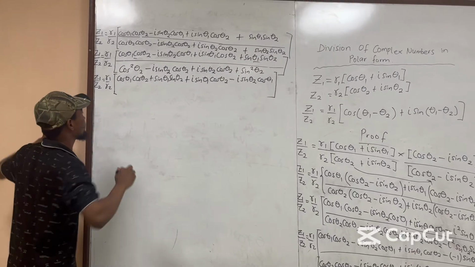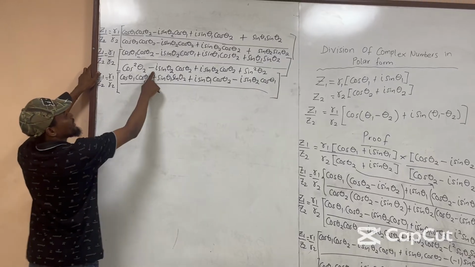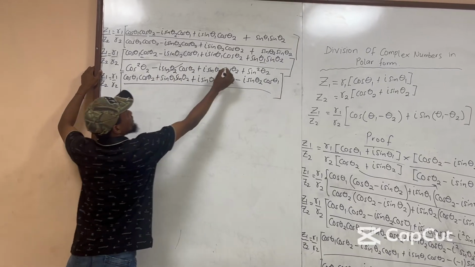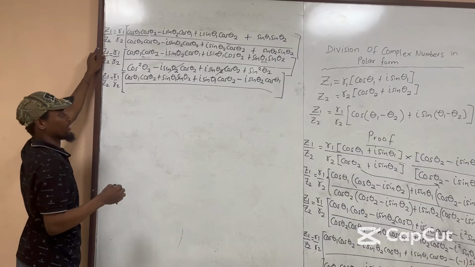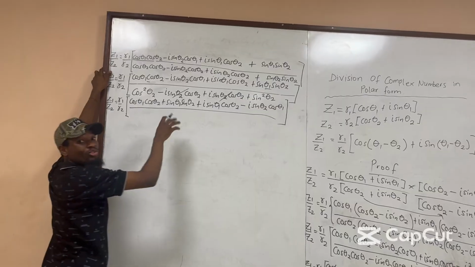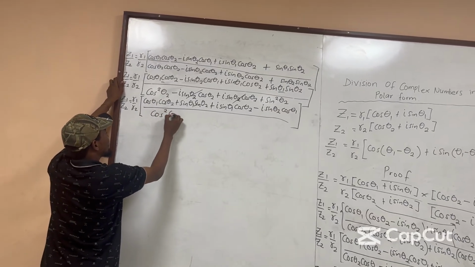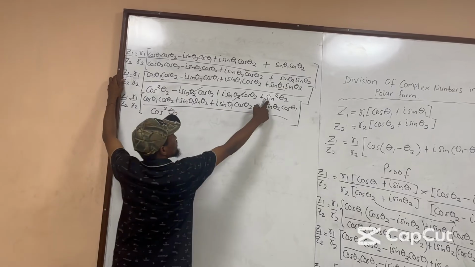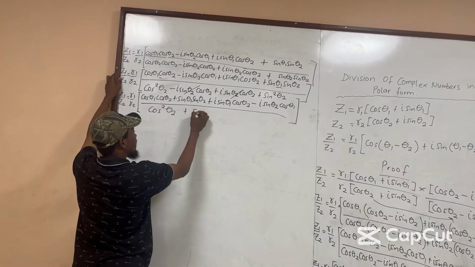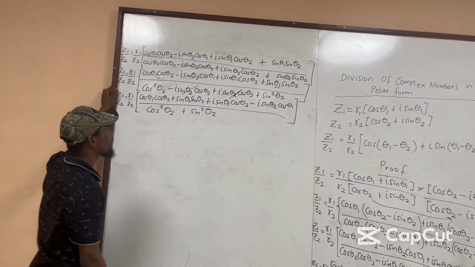It's still the same. Then over, this cancels that, okay? This cancels that because it goes to 0, alright? So we have cos squared theta 2, then plus sin squared theta 2.